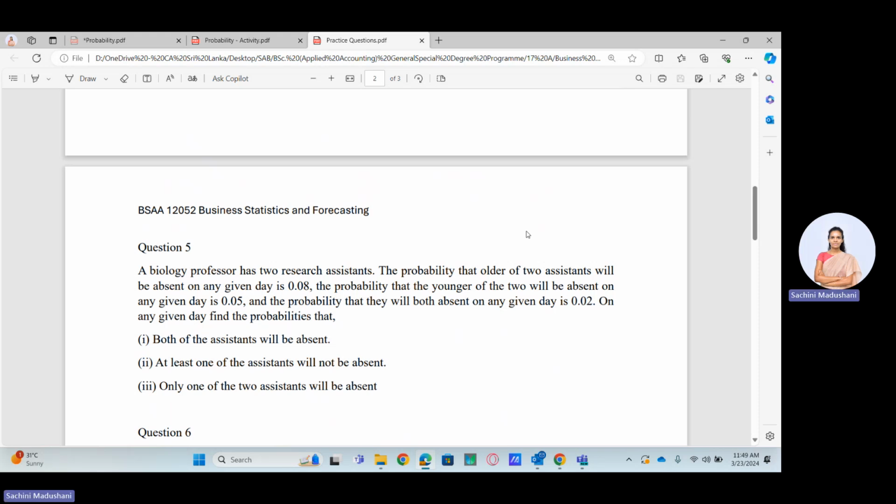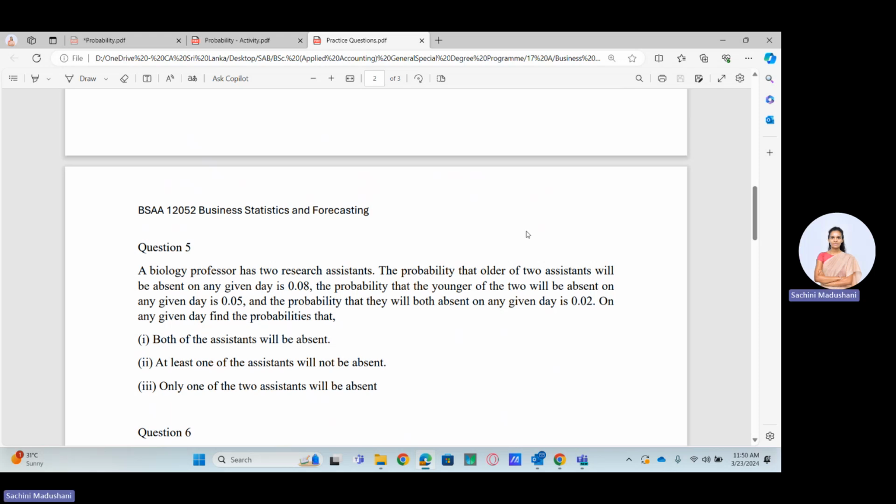But at least one of the assistants will not be absent. It means the younger one will not be absent, or the other one will not be absent, or both will not be absent. At least is that one. But it's not included here: both will be absent.